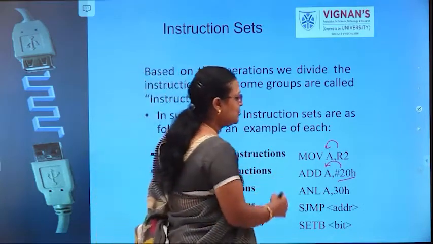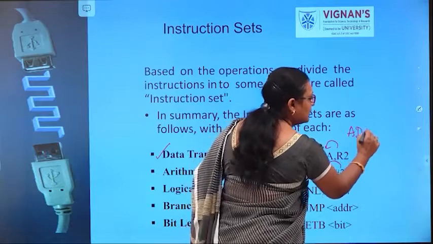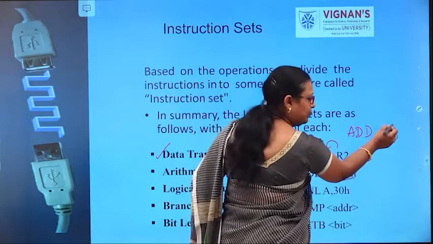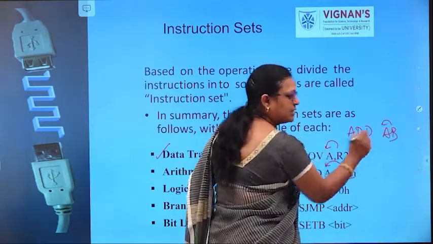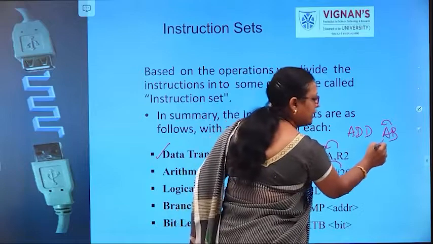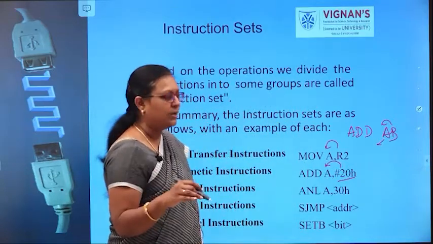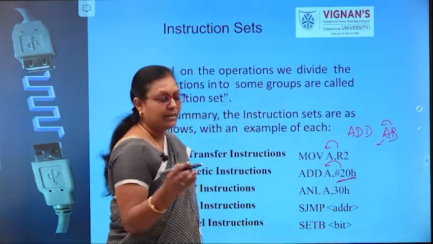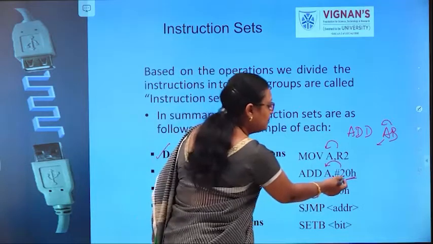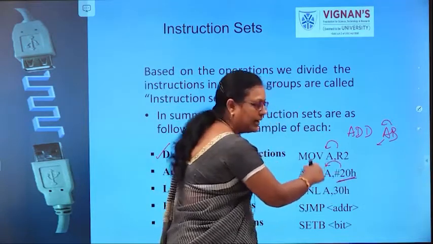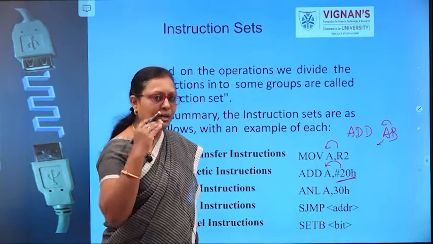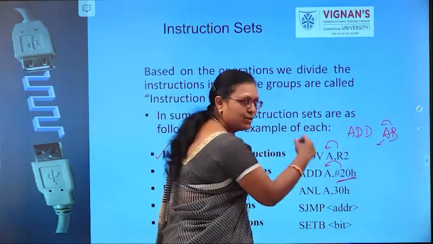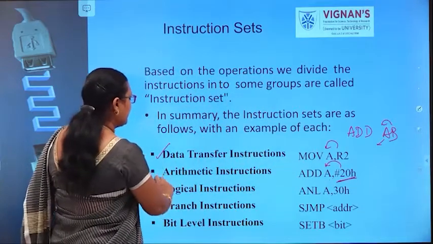Okay, we can give this command as ADD A, B also, so that the content of B register and content of A register will be added and stored in A. Again it will be stored in accumulator, but here we are directly giving the data. This 20H is nothing but data; the content of accumulator will be added with this 20H and stored again in the accumulator. So that is nothing but arithmetic instructions.